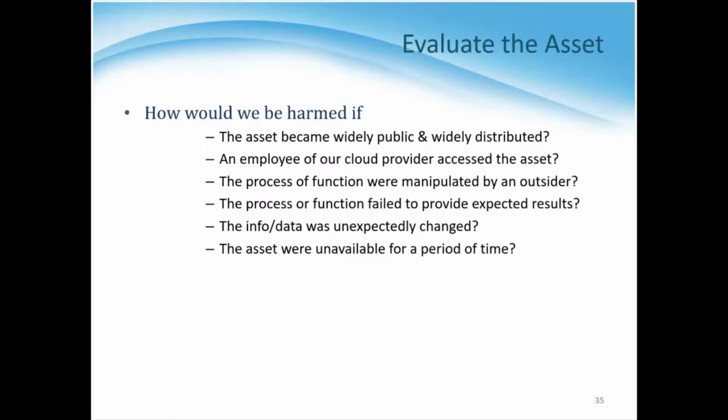And the information and data was unexpectedly changed. Okay, you may have 1,000 names in your database server about your employees. Suddenly you may have more than 1,500 or maybe less than 1,000. There may be a chance.